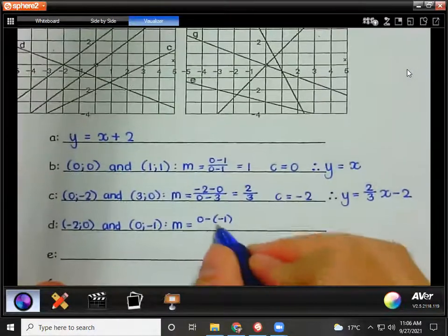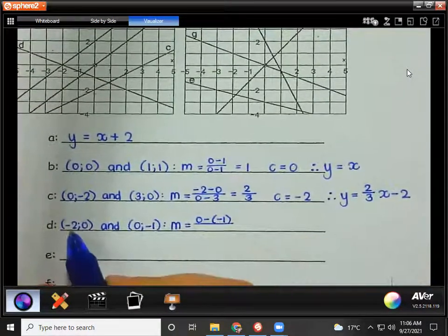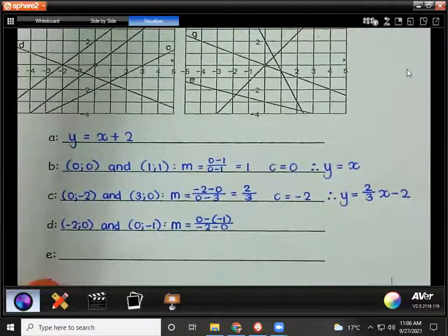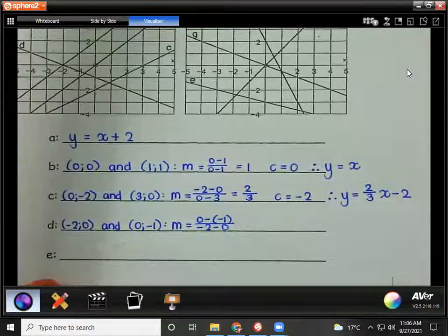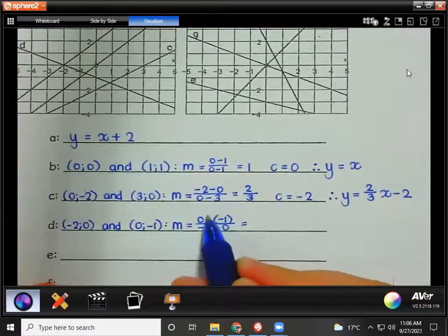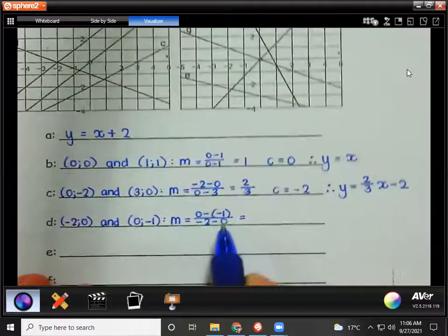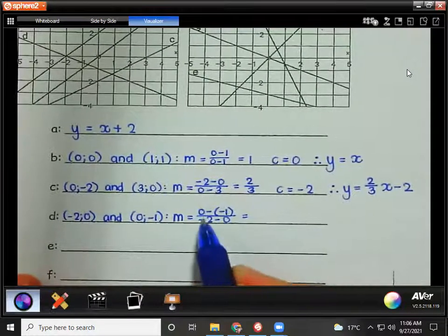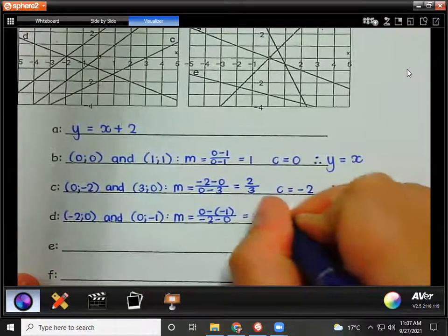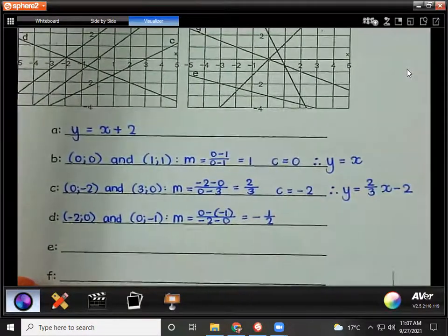Okay, that's very important. Over x value of the first one, which is negative 2, minus x value of the second one, which is 0. Now this becomes plus 1. Negative times a negative is a positive, so 0 plus 1 is 1, and this is negative 2. So this gradient is negative 1/2.